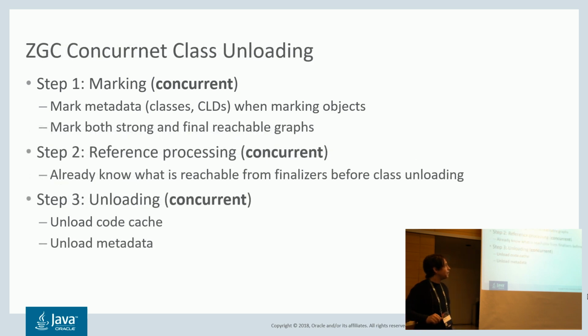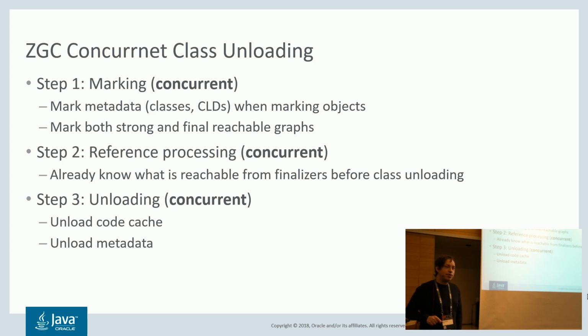With ZGC, we are doing more things concurrently, so it looks quite similar, but not quite. Notably, during marking, when we're marking metadata and objects, we are marking both what's reachable from the strong references and the objects that are reachable through finalizers, so that when our marking terminates, we know the liveness of both finalizer reachable objects and strongly reachable objects, so that the subsequent reference processing is simplified in the sense that it will not change the liveness.